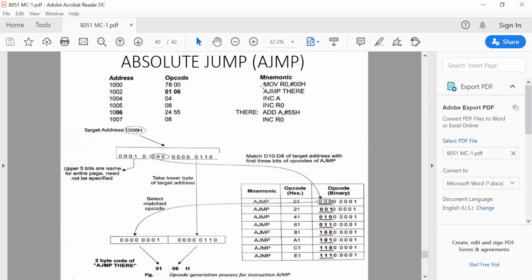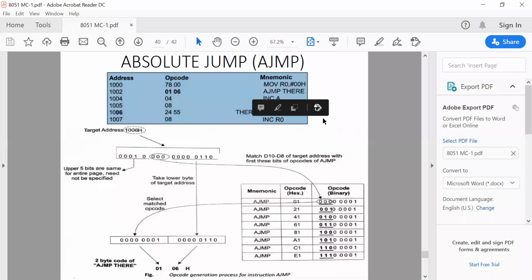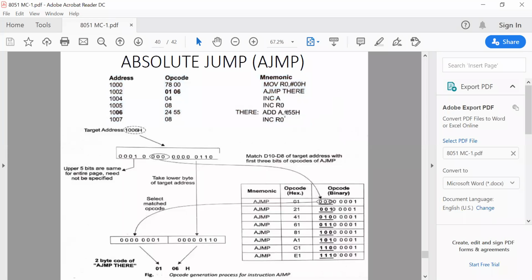If this program starts from memory address 1000, with a 2-byte instruction, the addresses go 1000, 1002, 1004, 1006, 1008. The AJMP THERE instruction and its destination belong to the same page, which is page number 2, because 10 can be written as 0001 00.